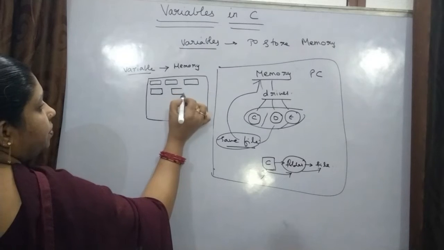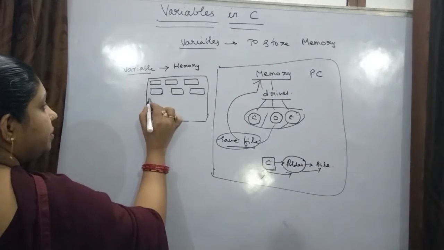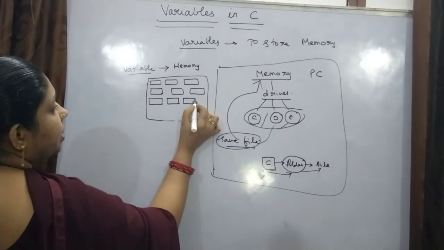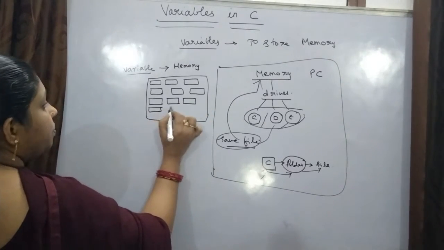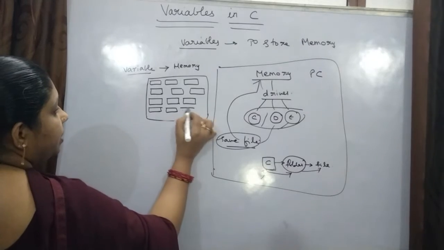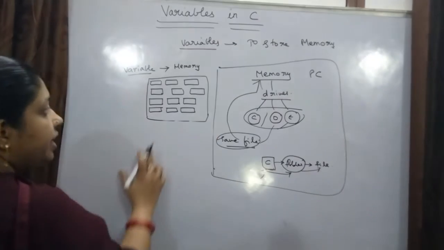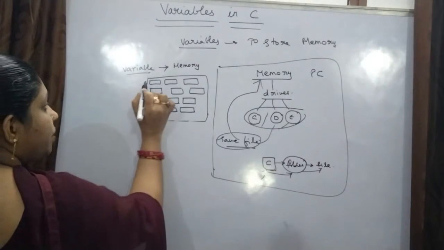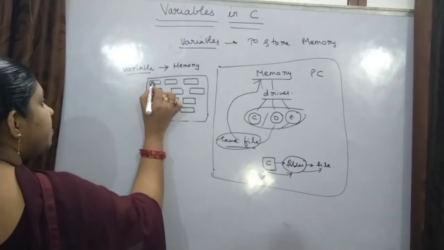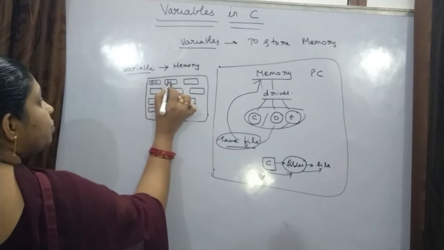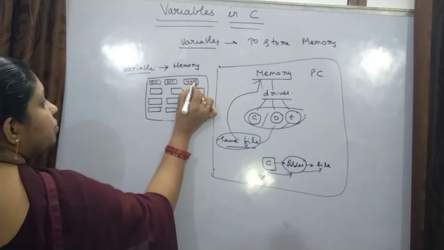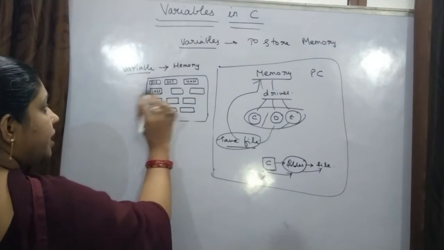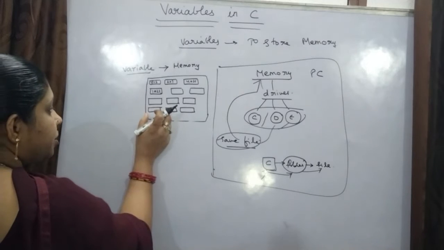The memory is divided into some partitions, and whichever data you give as input to the program is stored in this partitioned memory. Each partition has some name like this: 502 or 201 or 4026 or 1023. Some names have been given to this partitioned memory.